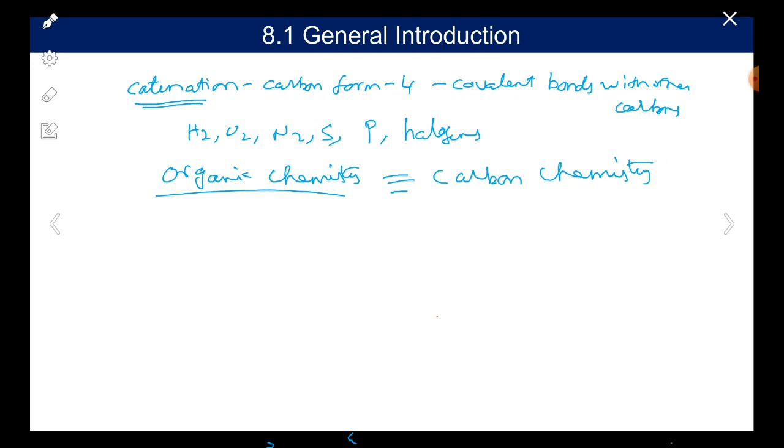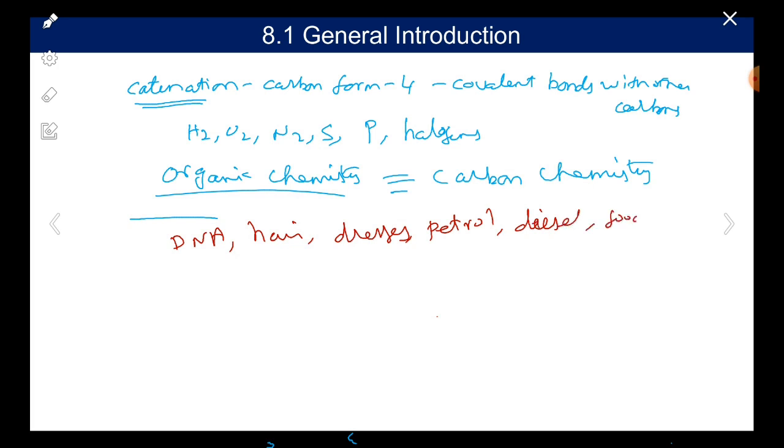It's mainly because we find carbon atoms in almost all walks of life, starting from our DNA, then the polymers that we see in our life, like our hair, our dresses, and even the petrochemicals, petroleum and diesel, our food items. Many of them contain primarily carbon, and we get energy from carbohydrates, where carbon is the backbone, right?